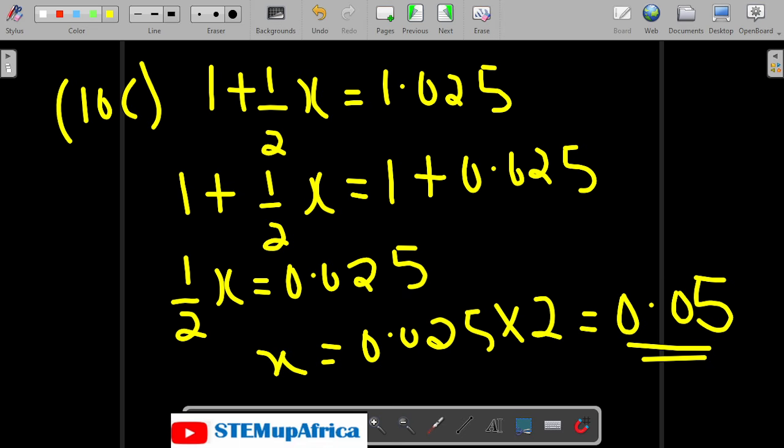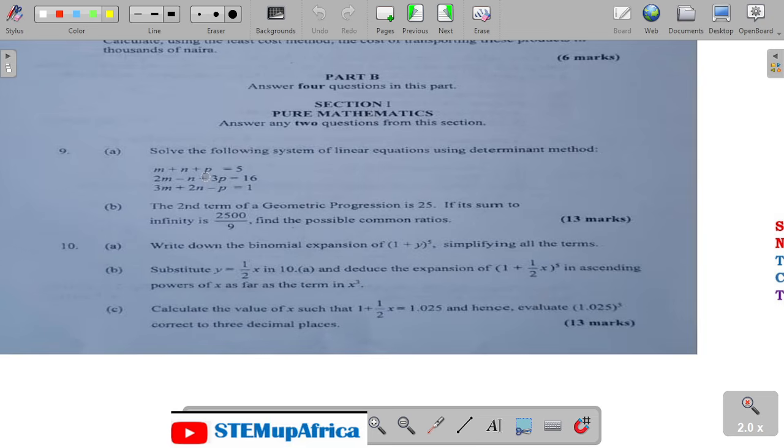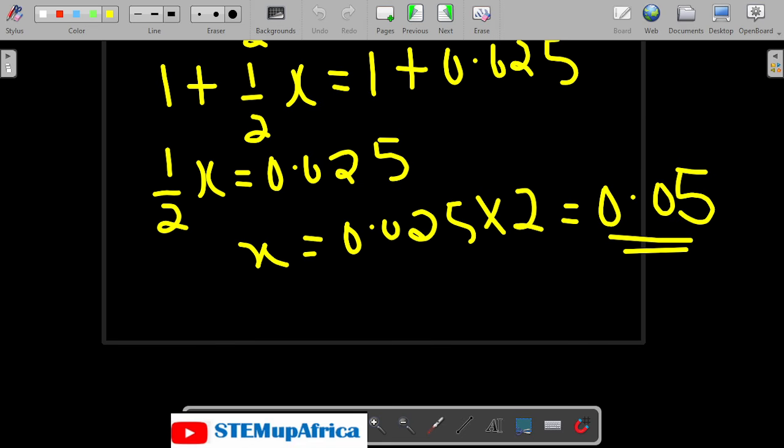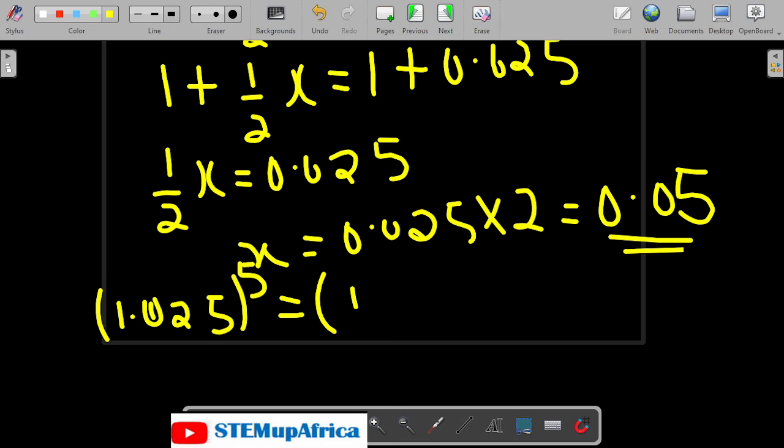That's the value of x, 0.05. So if x is 0.05, say evaluate 1.025 raised to the power 5, which can be written as 1 plus 0.025 raised to the power 5.